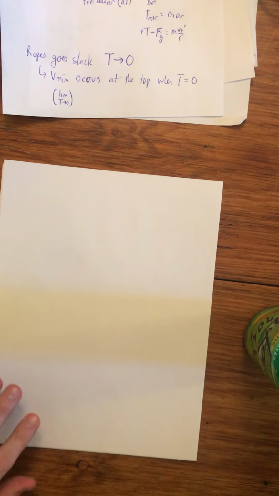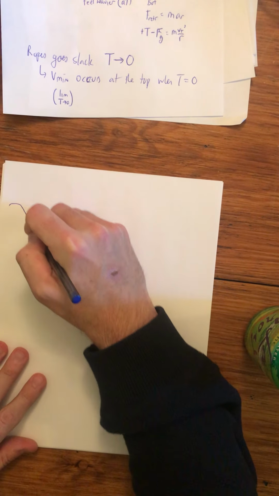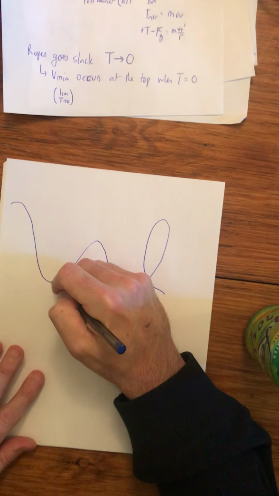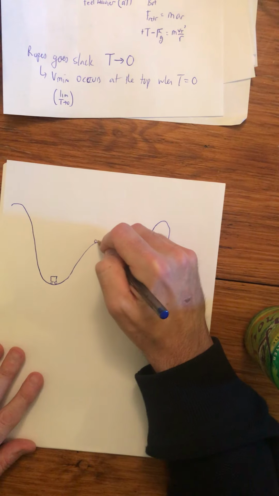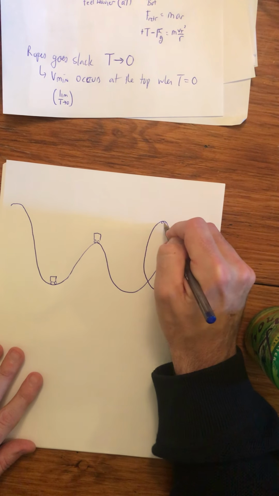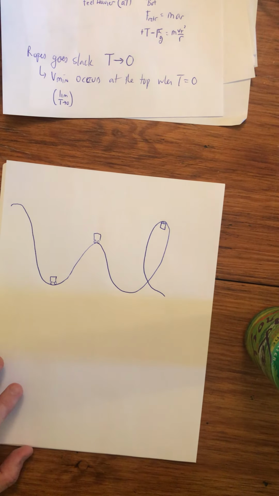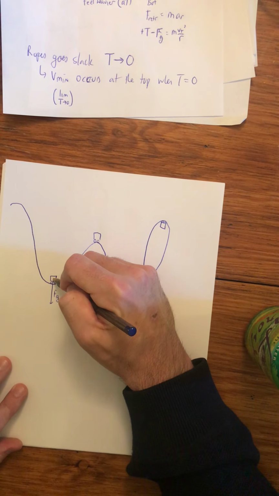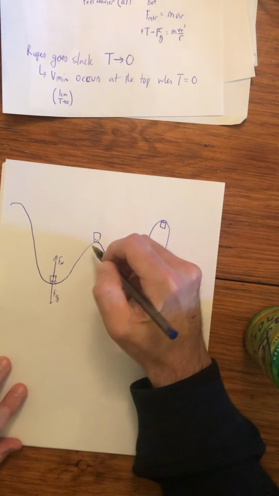Now, roller coaster. It's very similar, except there's no tension. So rather than a tension, what do I have? If I look at my cart going in a loop-the-loop, what forces are acting? I've got Fg downwards, and instead of T, I've got Fn.